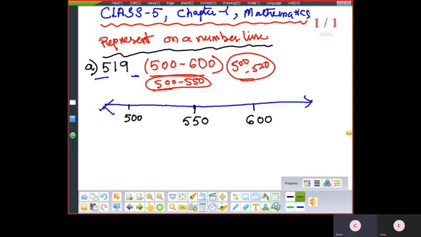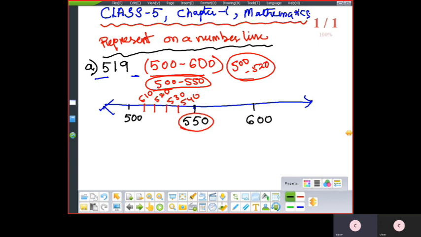Okay now. So 500 to 550, how many parts do I have to divide? 510, 520, 530, 540, and this is 550. So 510, 520, 530, 540.